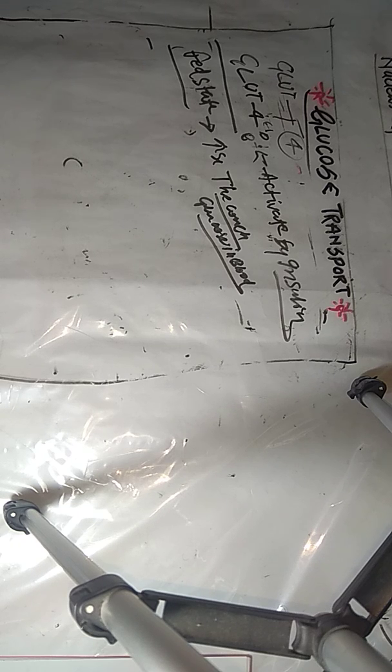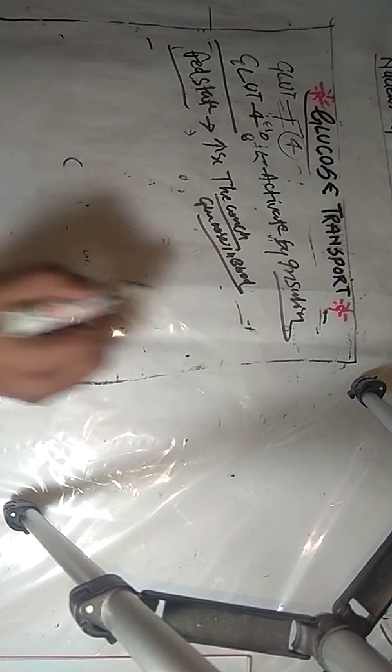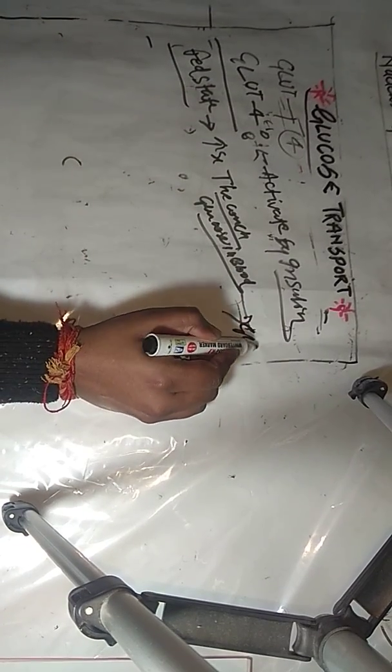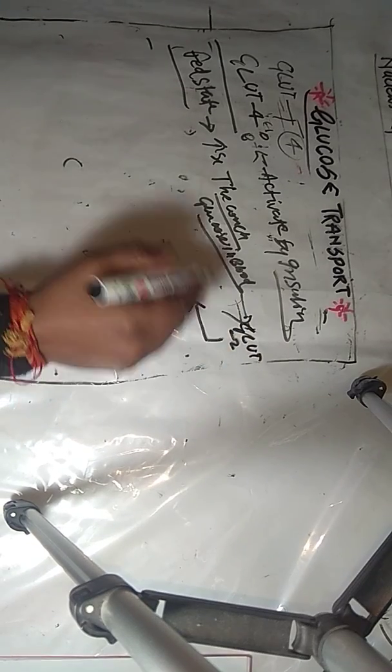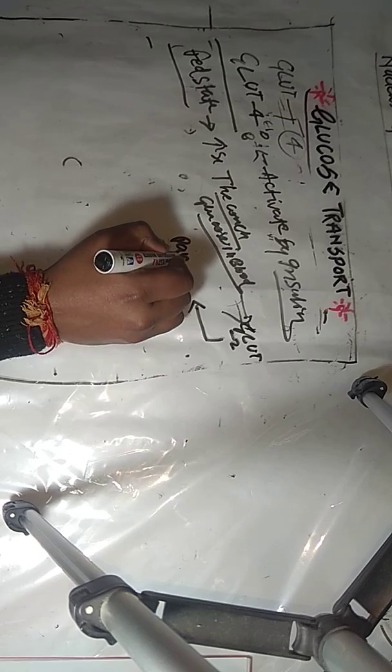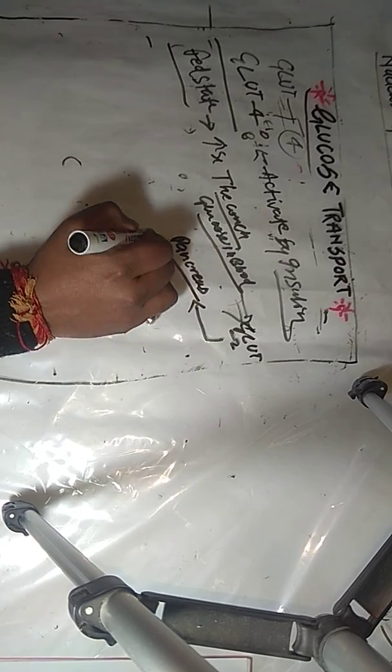Because of this, GLUT2 is going to activate and open, and glucose enters the pancreas, right?